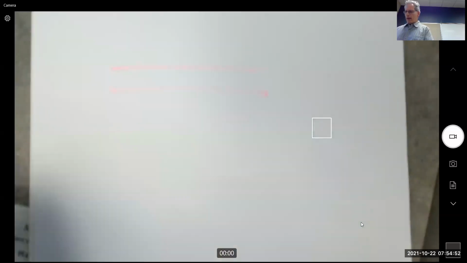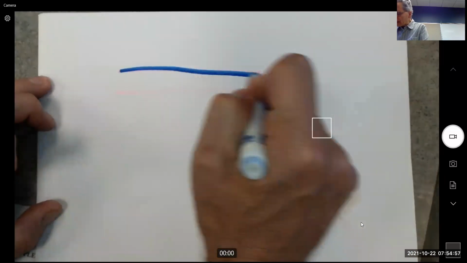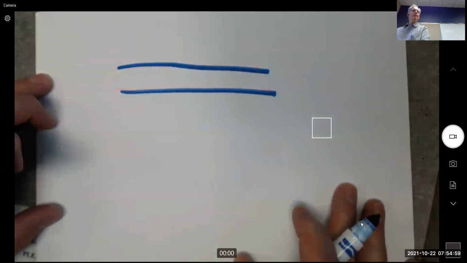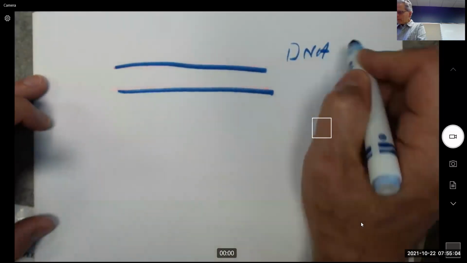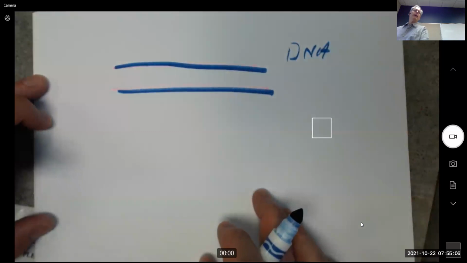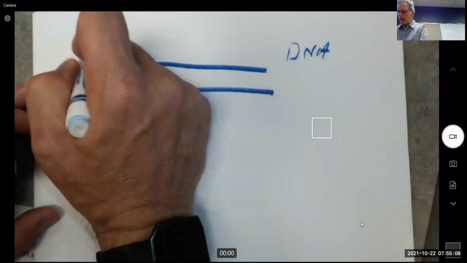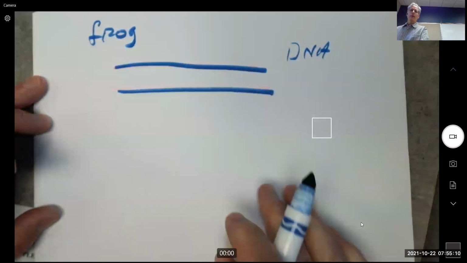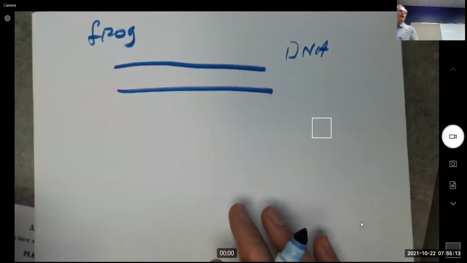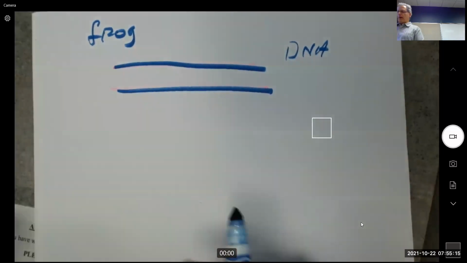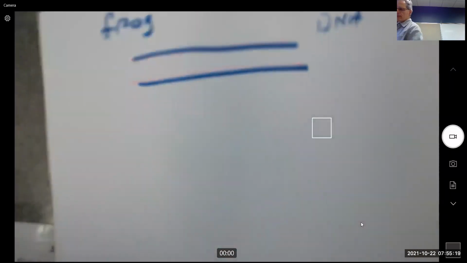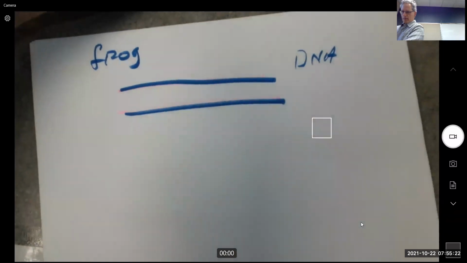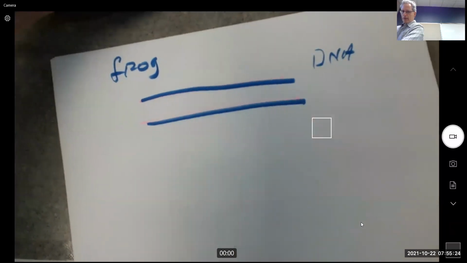Oh, that is really hard to see, isn't it? Let's do something that's a little easier to see. All right, better? Let's say this is a DNA molecule. Let's say this is DNA from a frog. Ribbit, ribbit, ribbit. Now, these enzymes that come from bacteria are called restriction endonucleases. Over there, buddy. Stay with me.